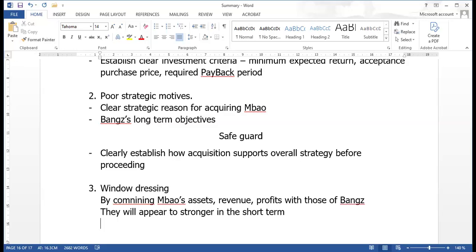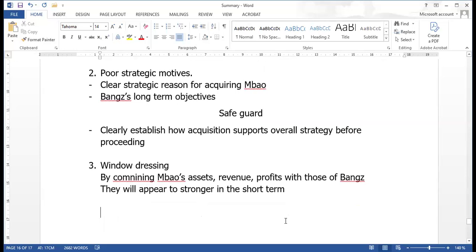Going forward, you are going to realize that when Imbayo is acquired at an excessive price, or when it has weak underlying performance, this will reduce the EPS in the long run. Profits will not do well.